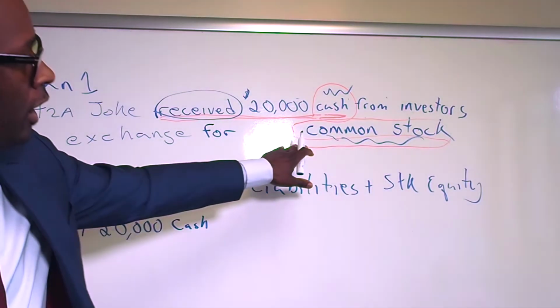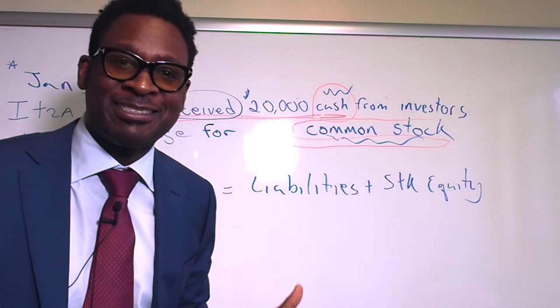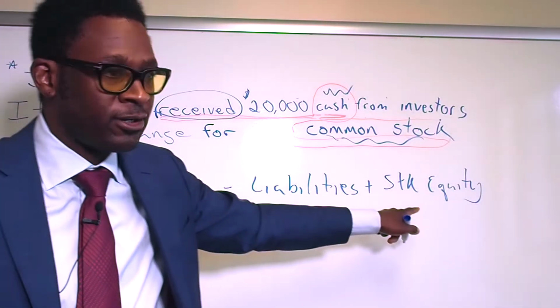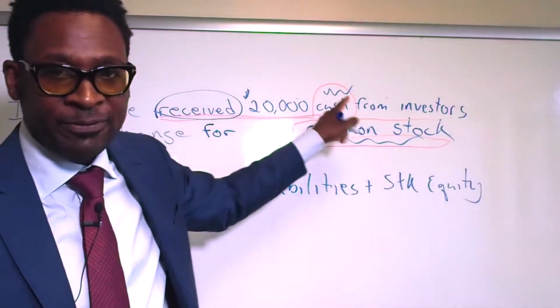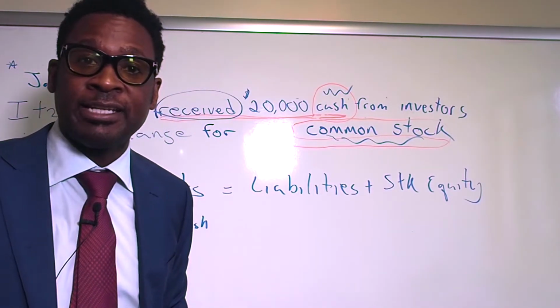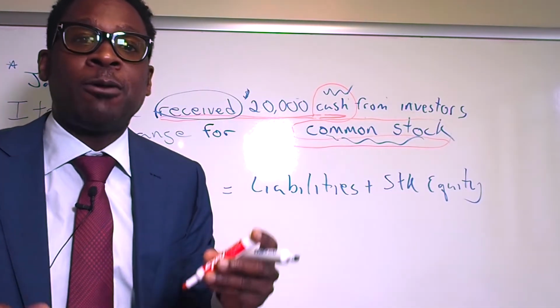So the other account that was affected in this transaction happens to be common stock. Now, common stock is a part of stockholders' equity. So we issued common stock for cash, which basically means we have more cash outstanding for our investors. More investors own our shares of stock.